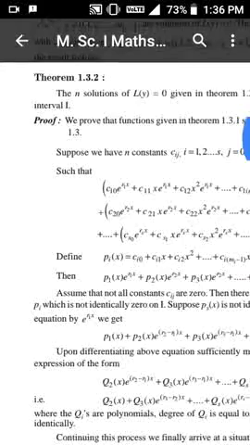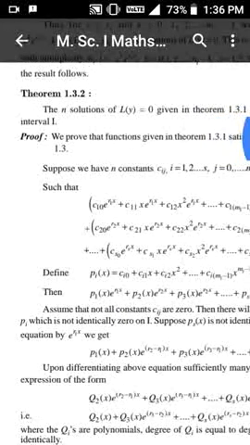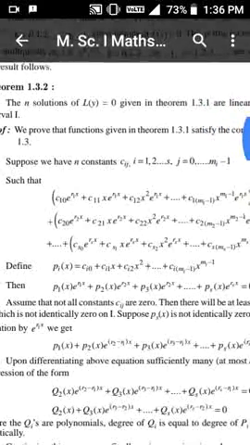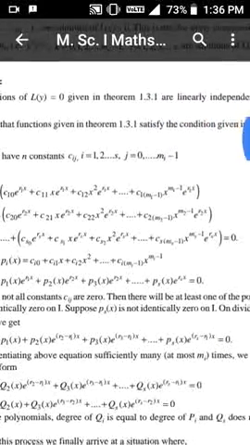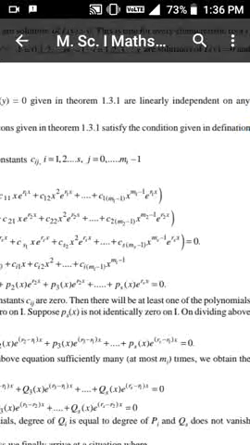Next theorem: the n solutions of L of y is equal to 0 given in the theorem are linearly independent on any interval I. We prove that the functions given in theorem 1 satisfy the conditions given in the definition.